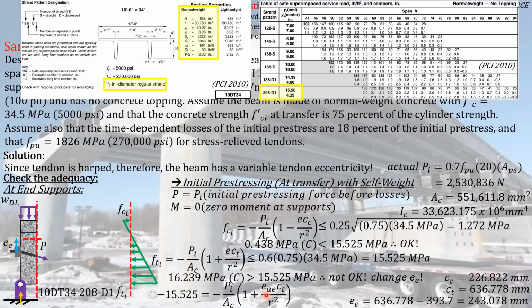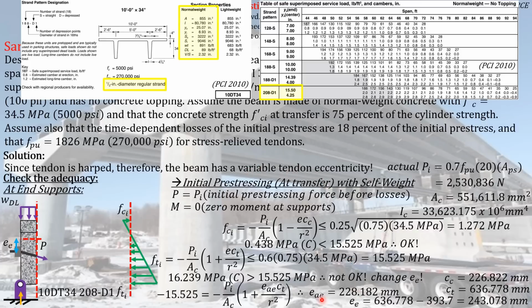If we substitute the corresponding values of PI, CT, and the ACR squared, or simply the moment of inertia, the corresponding value of E that we will compute is equal to this. Meaning the eccentricity at the ends of this simply supported beam that we are designing must be equal to this, so that the stress produced at the extreme pretension fiber, which is a compressive stress, will not exceed the allowable compressive stress specified by the code at transfer stage.